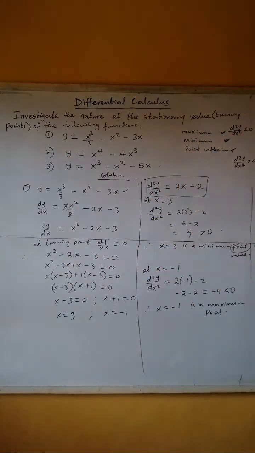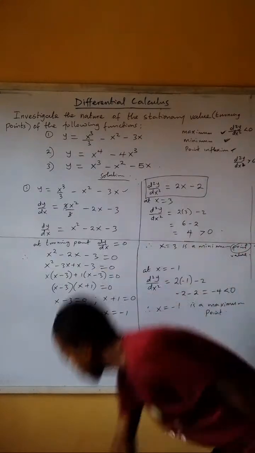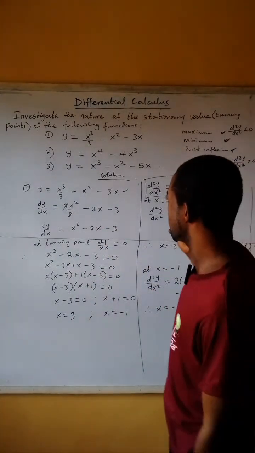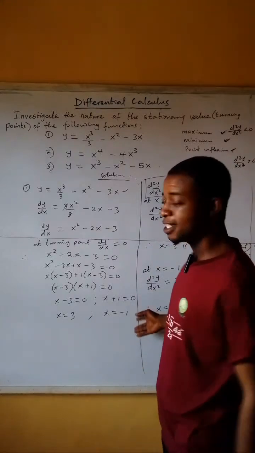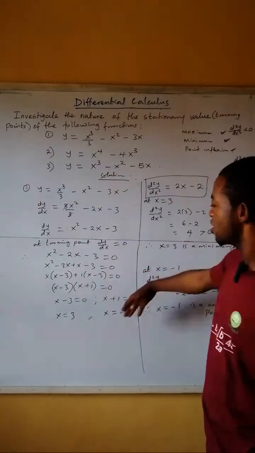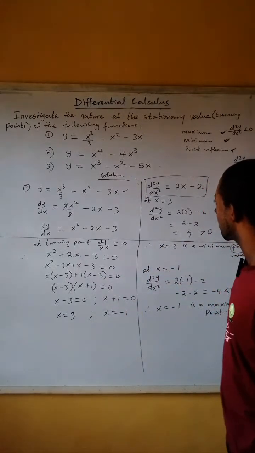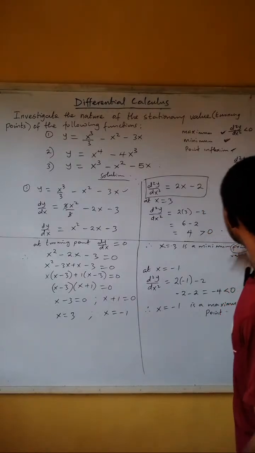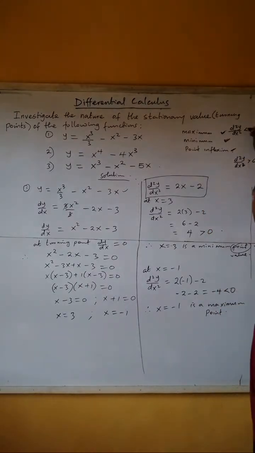Now let's look at the second one. From what we have here, the same steps. We first get the turning point. After getting the turning point, then we investigate that by substituting that into the second order derivative. If the result is less than 0, it means you have a maximum point.